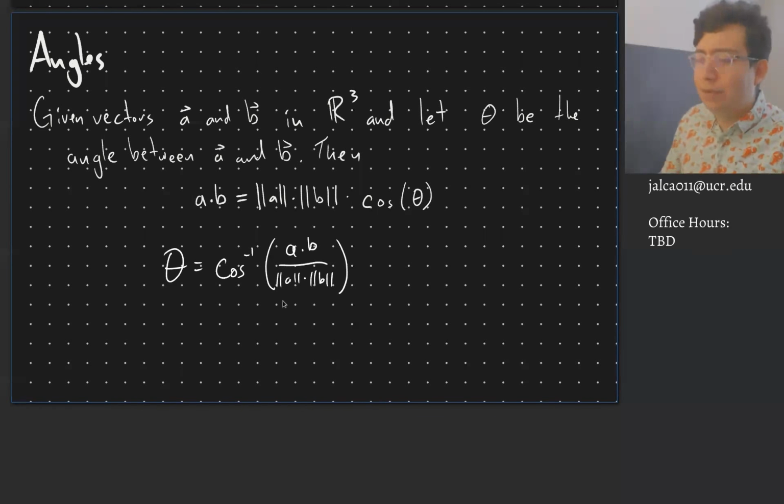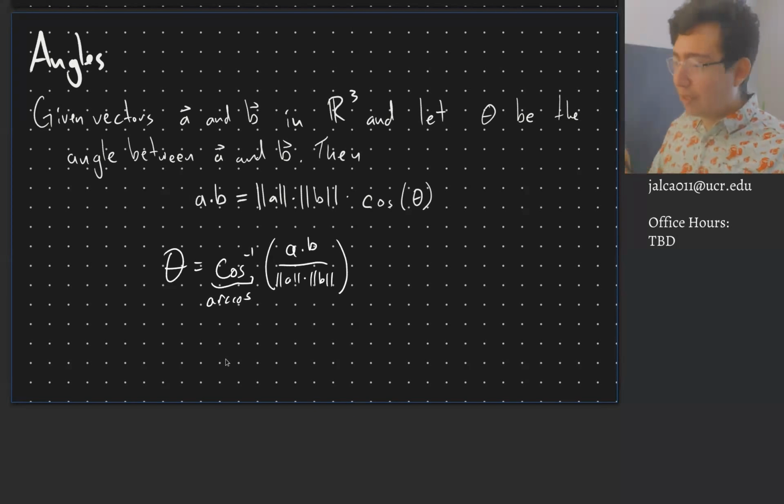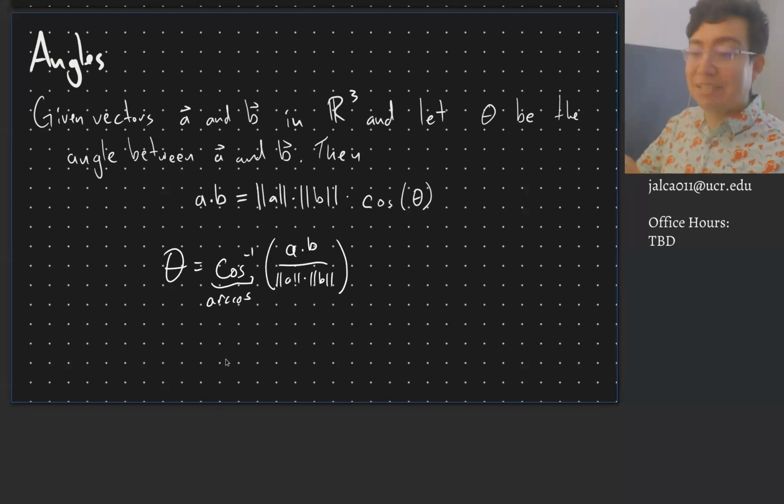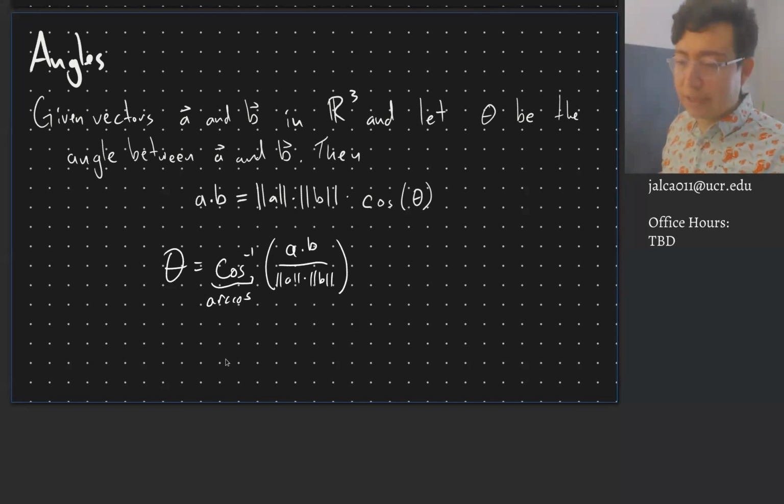There are two ways of inverting your trig functions. One of them was inverting as in reciprocal, which is when you get cosecant and secant and cotangent. But this is not that. This is inverting them as functions, which is when you get arc cosine, or if you were doing sine, you would get arc sine and so on. So this is inverting it as a function.